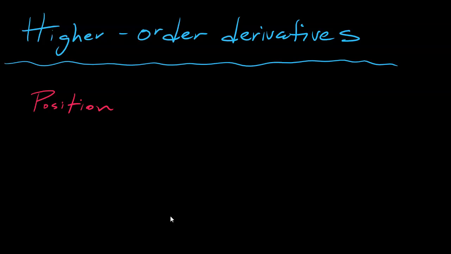So higher order derivatives, the most common location you will ever see it is position, velocity, acceleration.